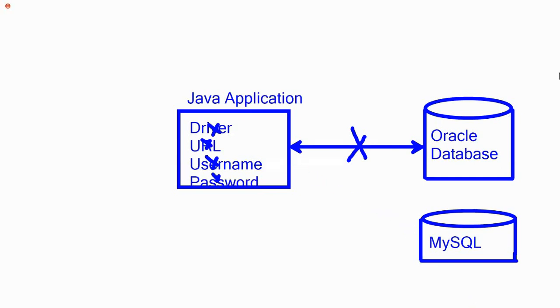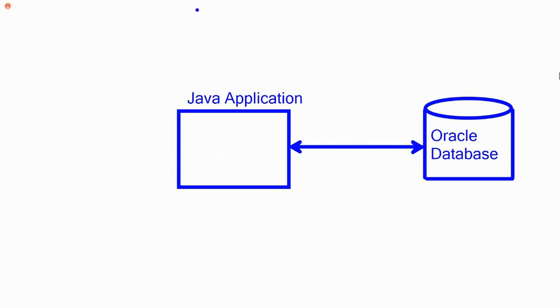Now, what we can do here, instead of writing them here, is write a separate file. Driver equal to Oracle driver. Double quotes are also not required, everything is a string only. URL equal to Oracle database URL.